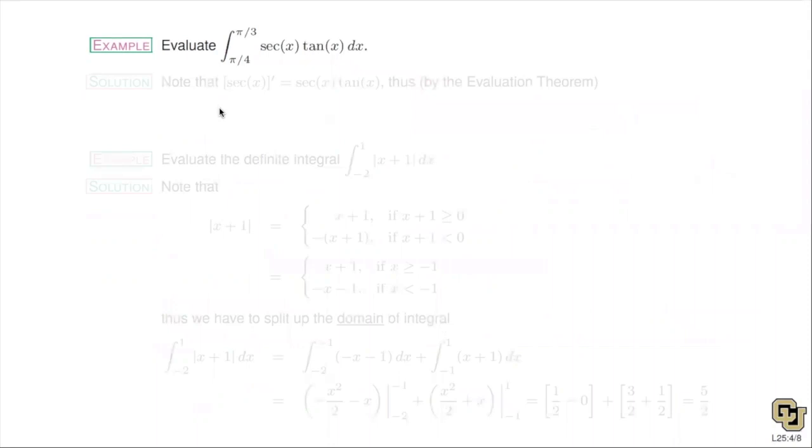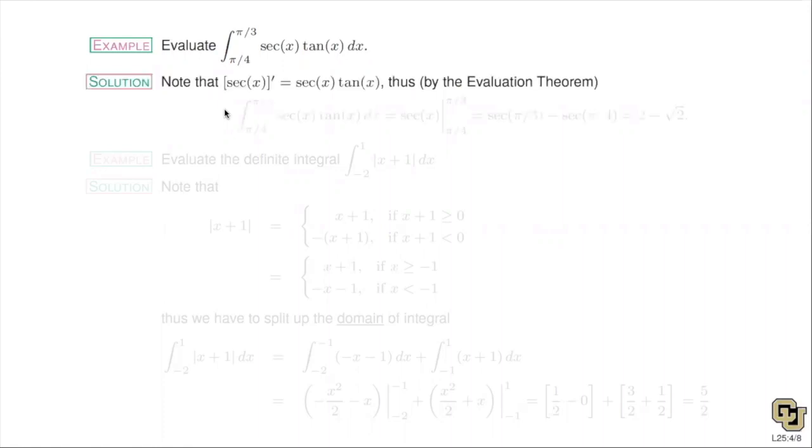Okay, so here I want to do an example with trig functions. Again, this is a product, and we have to resist the urge to say, let me do the integral of secant times the integral of tangent. One way to do these is to ask yourself, do I just know the antiderivative? Can I guess the antiderivative?